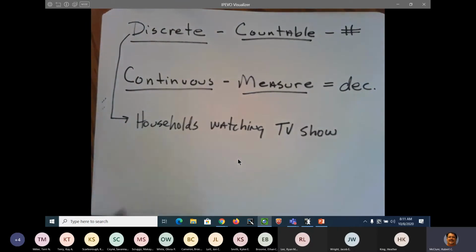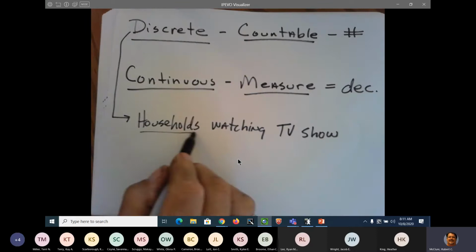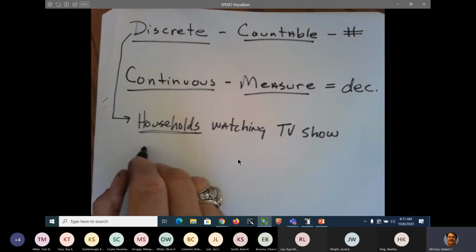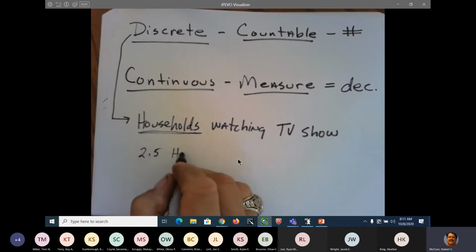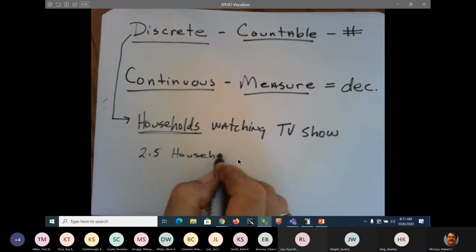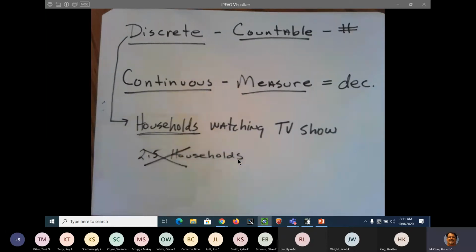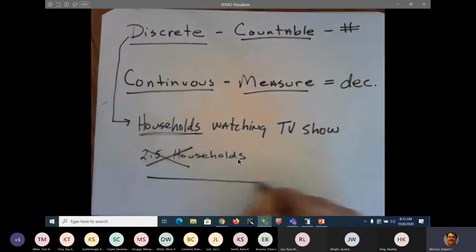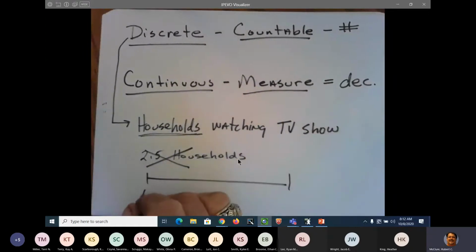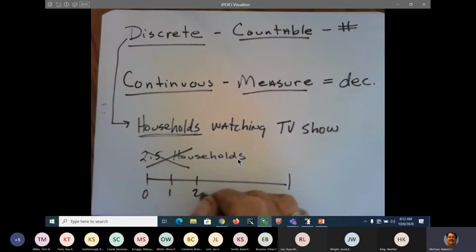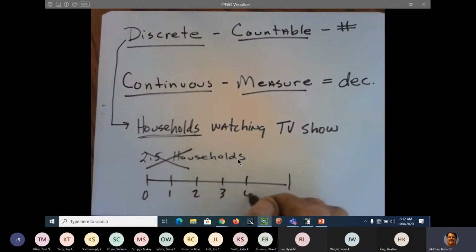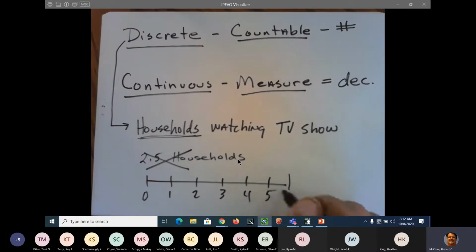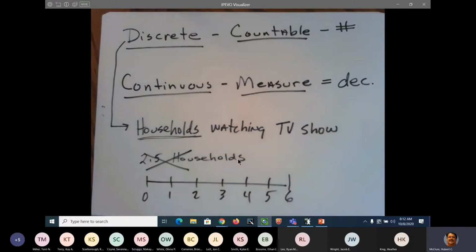Okay. The reason this is discrete, can you have 2.5 households? No. Okay. You can only have 0, 1, 2, 3, 4, 5, and let's say you surveyed 6 households.